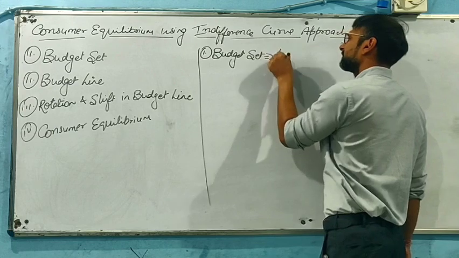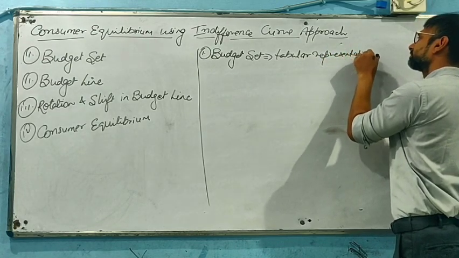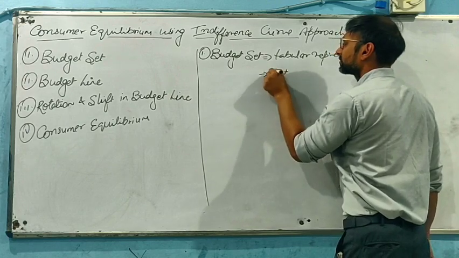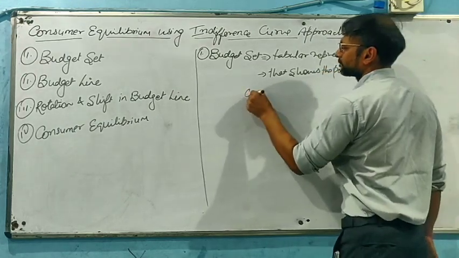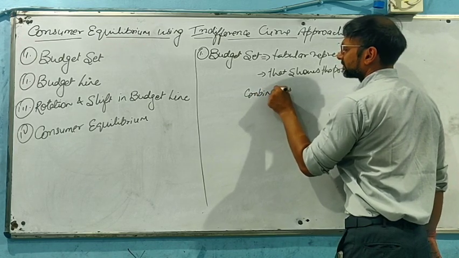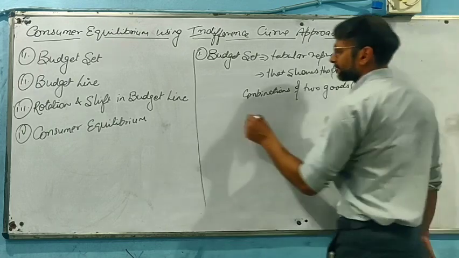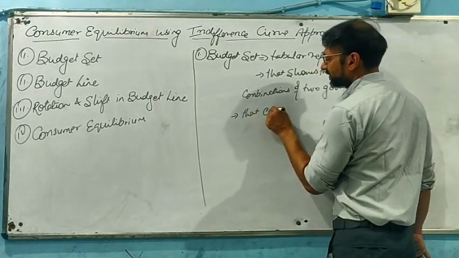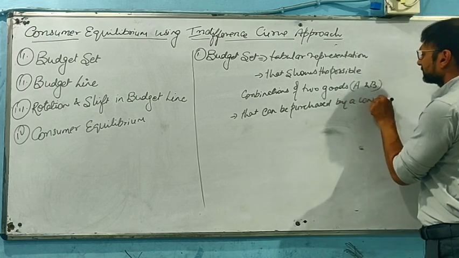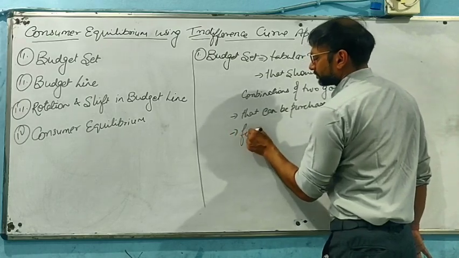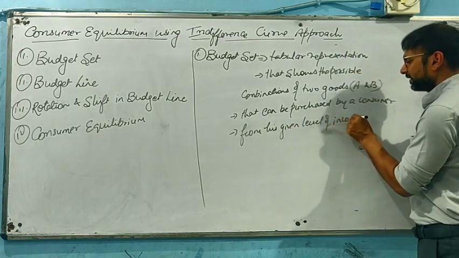Okay, so we are starting with the first content, that is budget set. If we talk about the budget set, it is the tabular representation that shows the possible combinations of two goods, say A and B, that can be purchased by a consumer from his given level of income.